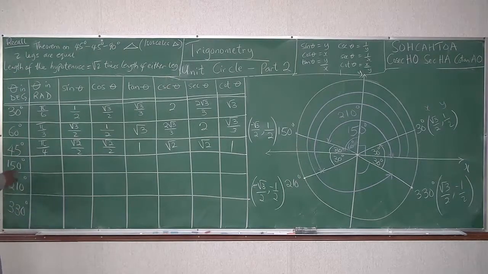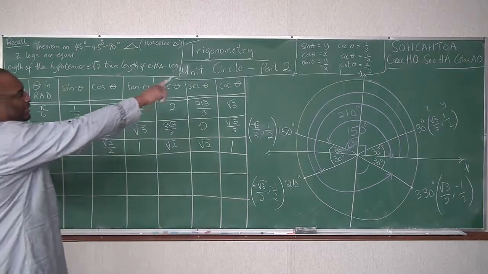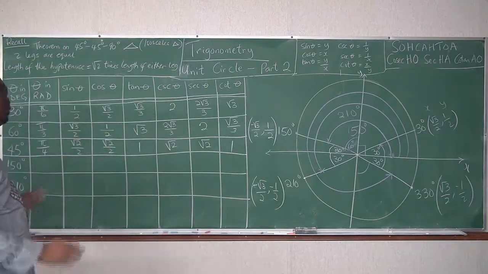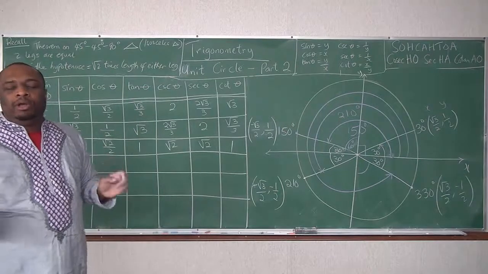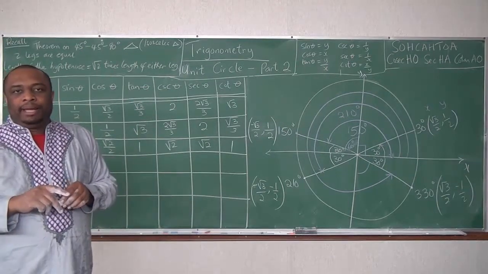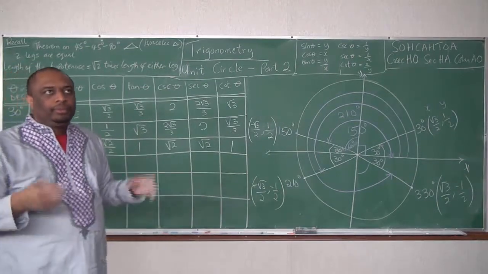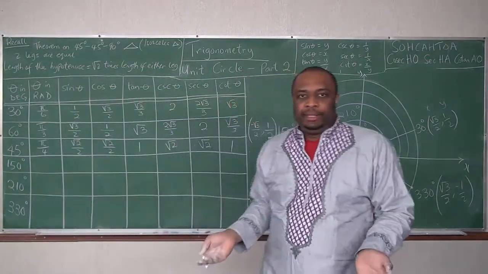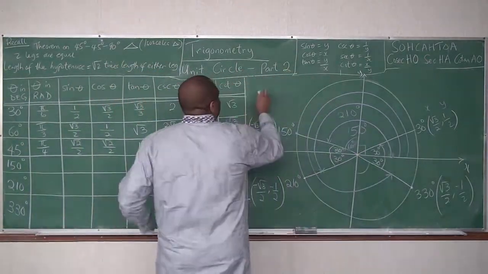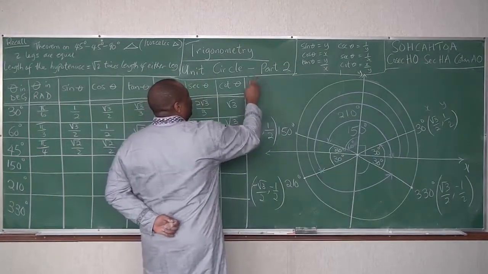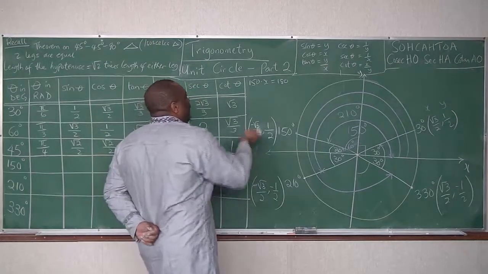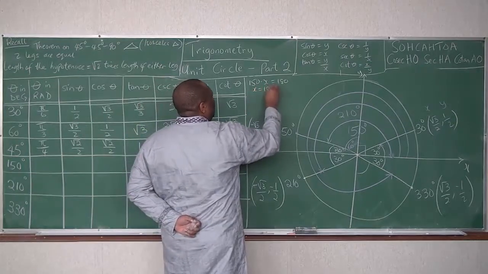Let's find the theta in radians. So you ask yourself, what will you multiply by 150 to give you 180? 150 times x equals 180, so x is 180 over 150.